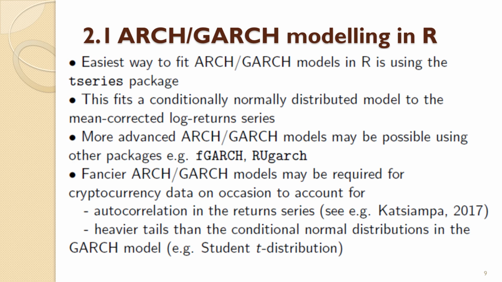It's also possible that fancier ARCH-GARCH models may be required, especially for cryptocurrency applications, on occasion to variously account for autocorrelation in the return series. See the recent paper published by my former colleague Paraskevi Katsiampa. Also you might want to account for the fact that you can have heavier tails than the conditional normal distributions in the GARCH model, so have something like a Student t distribution.